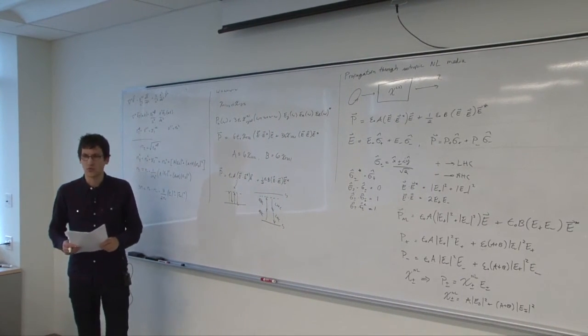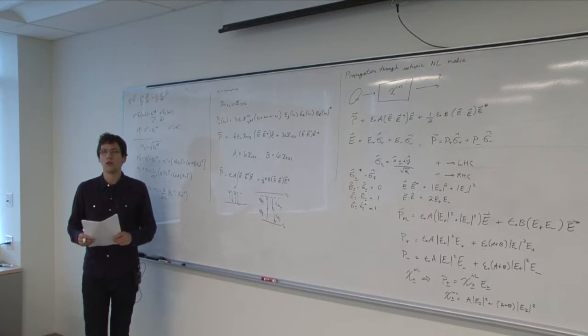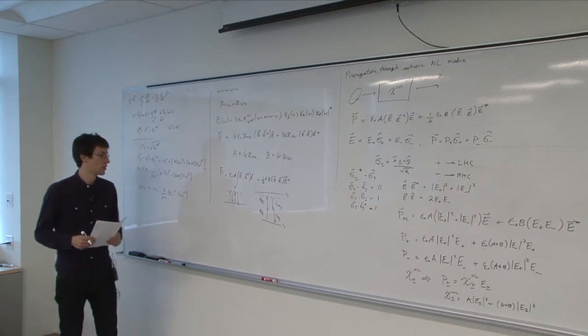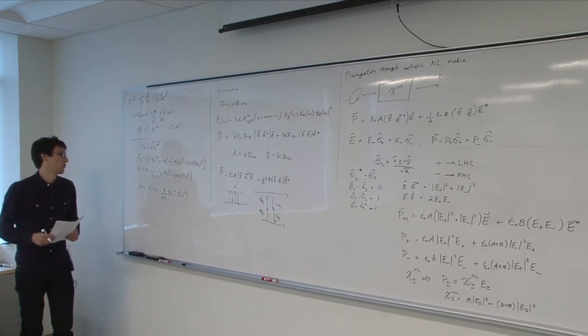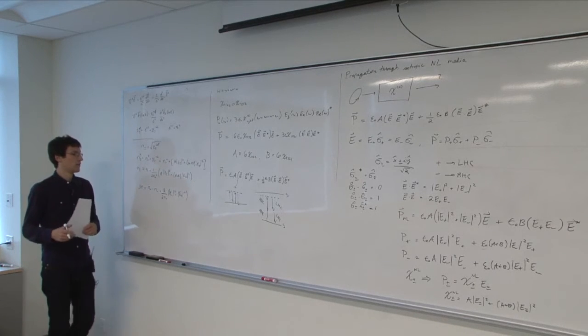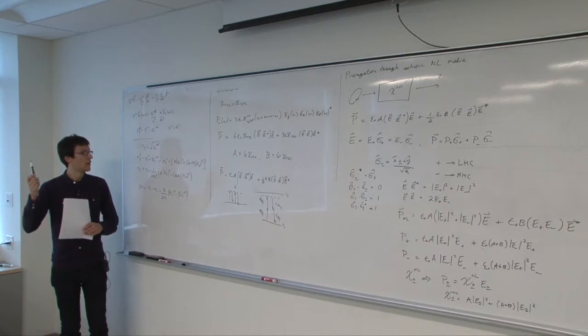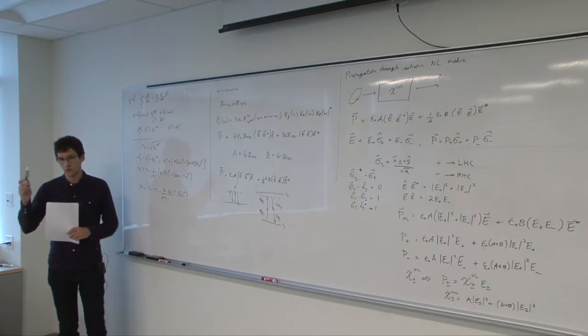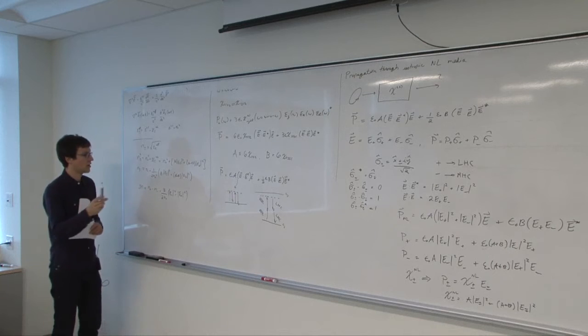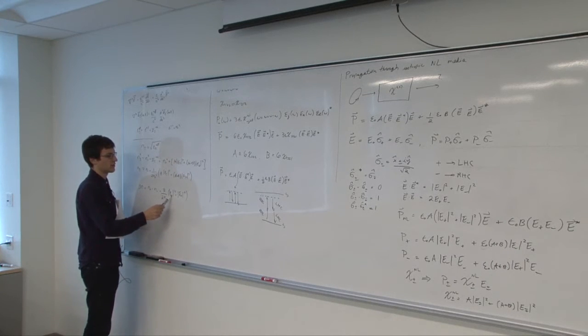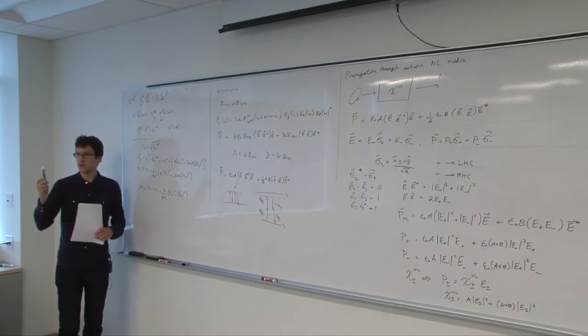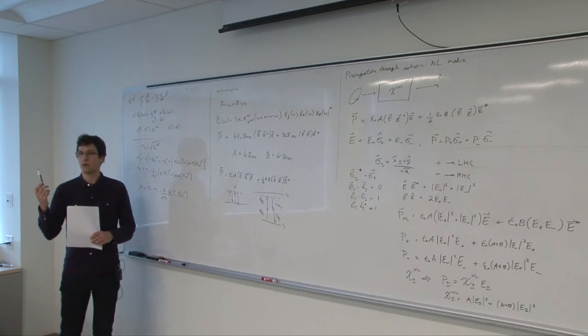But wait, what happens when I come in with a circular polarization? Actually, if I come in with a linear polarization, it means that in the circular basis, I have the exact same amplitude in the minus and in the plus.